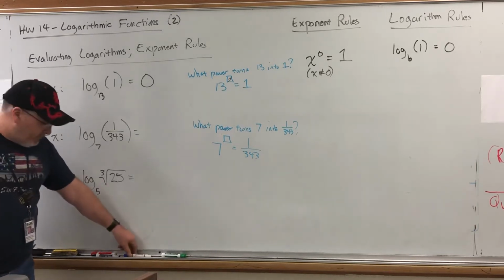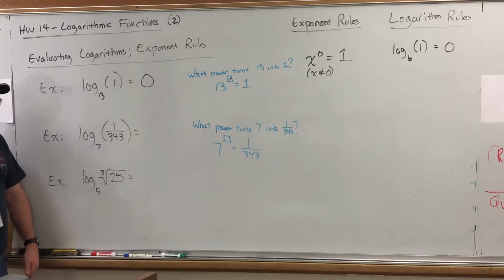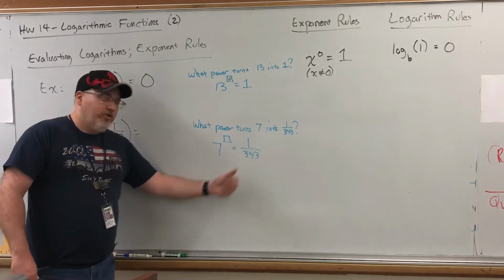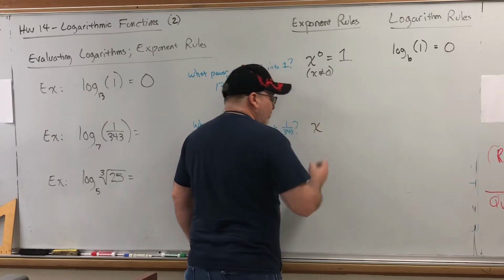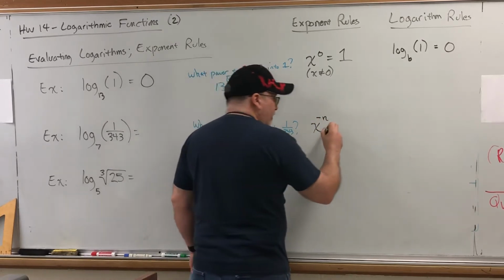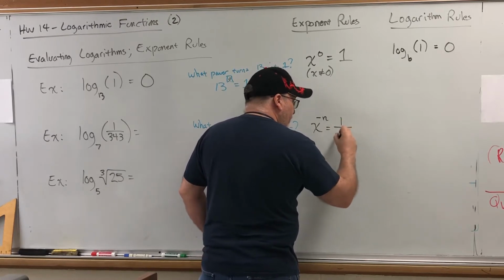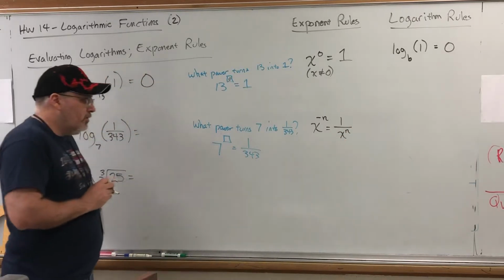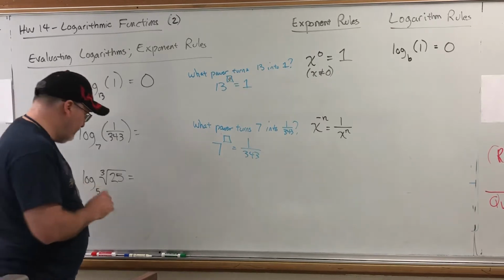If you don't, then we did an exponent rule that will help us. In the previous series of videos, we had an exponent rule that said some things turn into fractions. That rule was any base, except 0, to the negative n power is equal to 1 over x to the positive n power. So I know we're looking for a negative power, but which power is it?